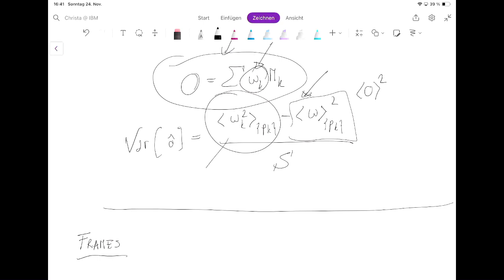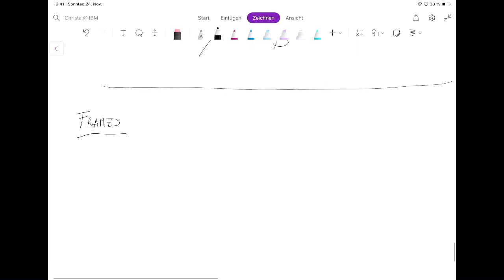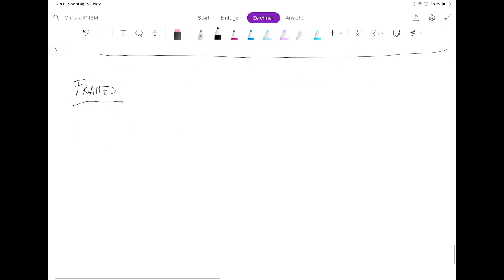And this nicely has an impact on the variance. So by choosing nicely not only the measurement that you do, but how you interpret and post-process the results, which is essentially what the omega k tell you, you can try to minimize the variance from both directions in a way. And the concept that we need for that is that of frames.